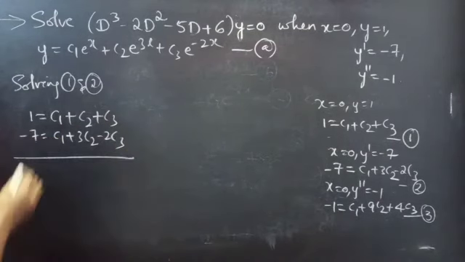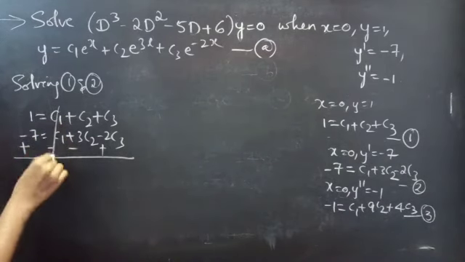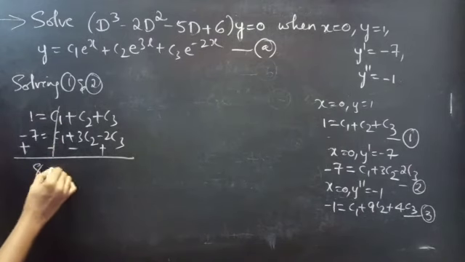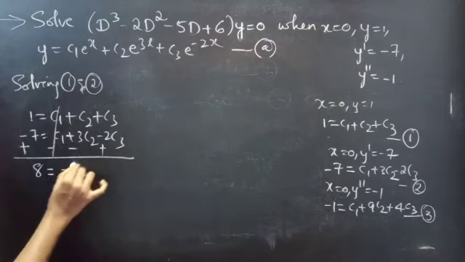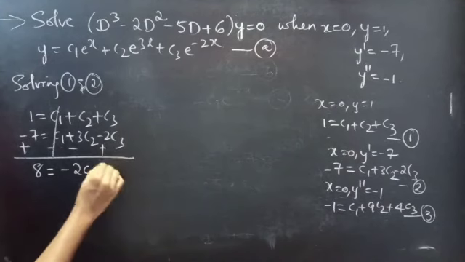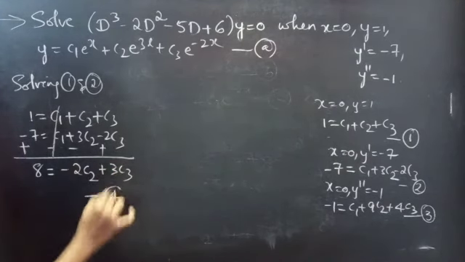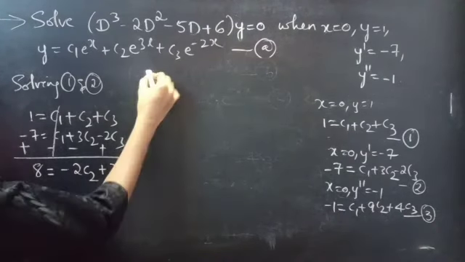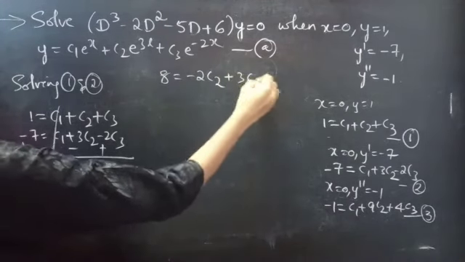Now change the signs. Plus c1 minus c1 gets cancelled. You'll get 1 plus 7 is 8 equals minus 3c2 plus c2 is minus 2c2, plus c3 plus 2c3 is plus 3c3. Consider this as equation number 4. So our equation number 4 is 8 equals minus 2c2 plus 3c3.